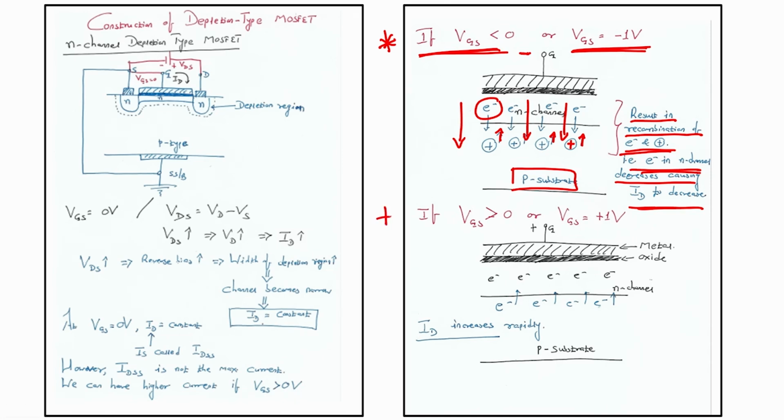So, let us consider another condition, that is, in this case my VGS is greater than 0 volt, let us assume it is plus 1 volt. You can see here plus at the gate terminal, you have the substrate, which is connected to the ground and also internally connected to the source, that we know. So, if I have a gate which is positive compared to the source, then what will happen?